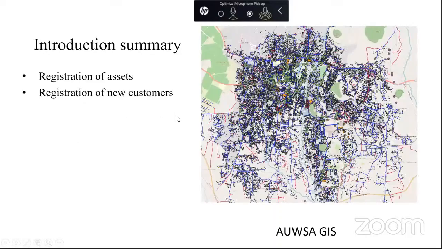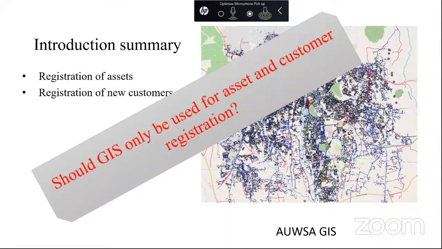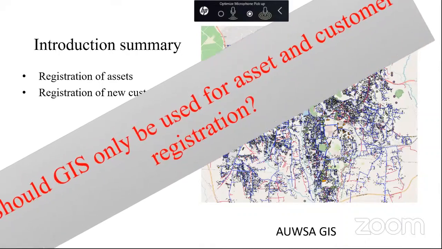In summary, for the introduction, up to 2018, the GIS at AUWSA, Arusha Urban Water, was used only for registration of assets and registering new customers. So we got challenged because many at the utility were asking if it's true that GIS should only be used on asset registration and customer registration.